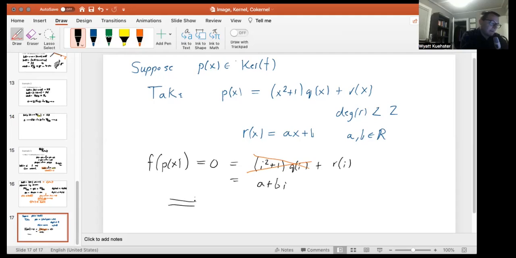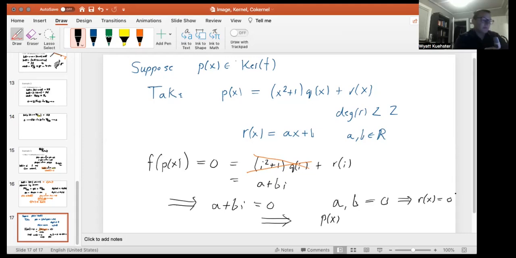So this tells us that a plus bi is 0 as a complex number. And the only complex number that's 0 is 0 plus 0i. So that means that a and b are 0. So that implies that to begin with, r of x was 0, which means that x squared plus 1 evenly divided p of x.